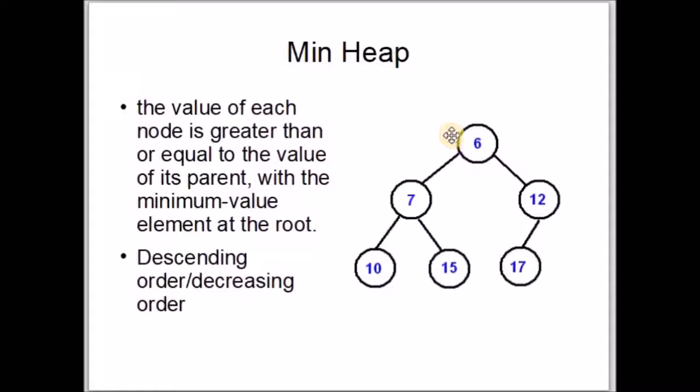So if you take any given node, its children nodes are going to be greater than or equal to the given node. So if you want to sort an array in descending order, all you need to do is run a couple of iterations and sort this array using the min-heap property.